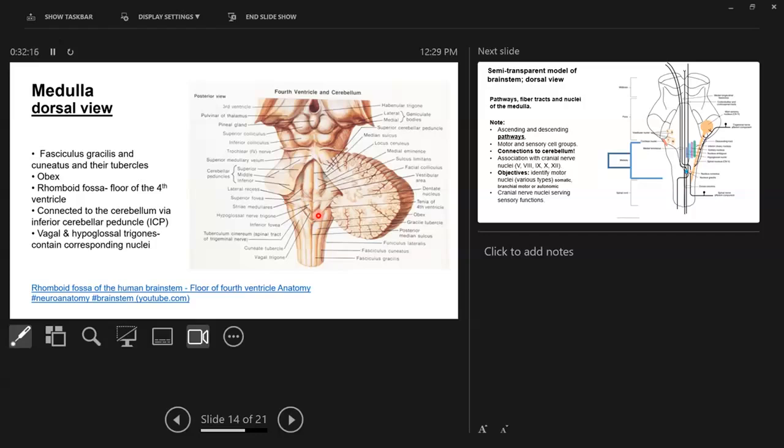Of course, you might know this already from our study of embryology, but we will get to it again in the study of cranial nerve nuclei. The hypoglossal is a somatic motor, and the vagal nucleus will be an autonomic or visceral motor nucleus. We will look at these features also in an internal view. So we'll watch for that.